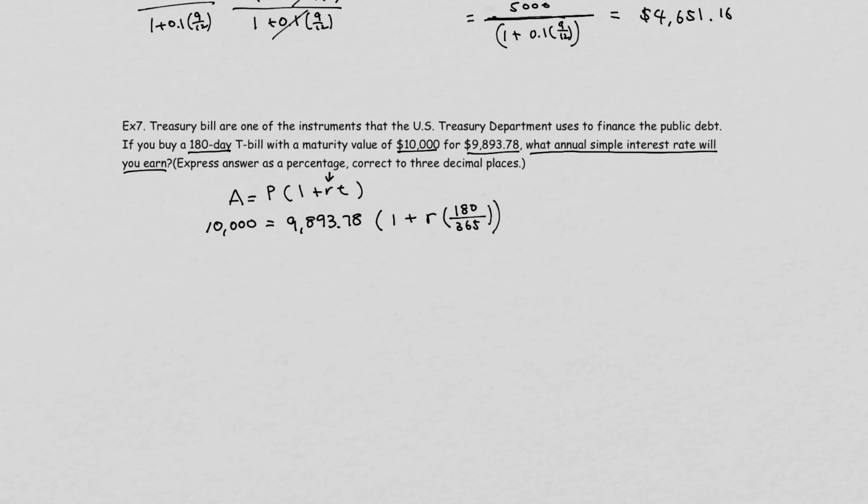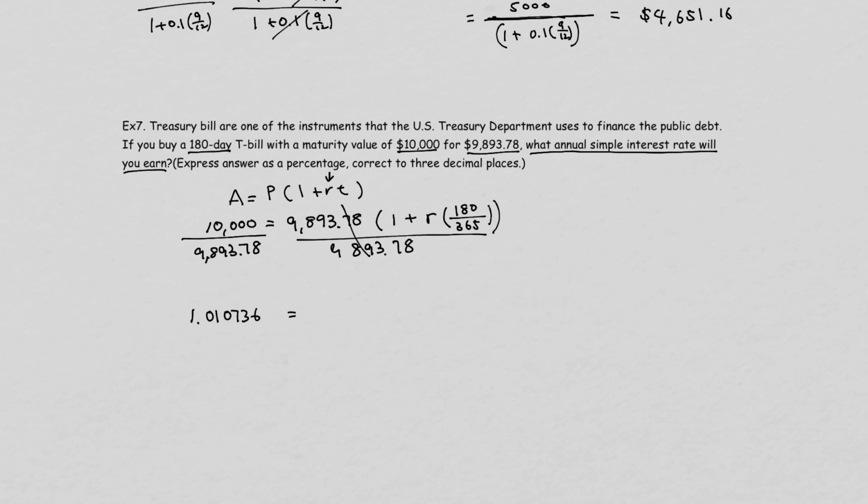The next thing we need to do is divide both sides by 9,893.78, so that you only have the parenthesis remaining. Whatever this value is, I believe it's going to be 1.010736, and I don't want to round the number until the end of the solution.